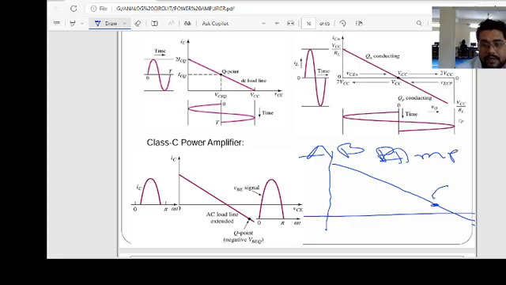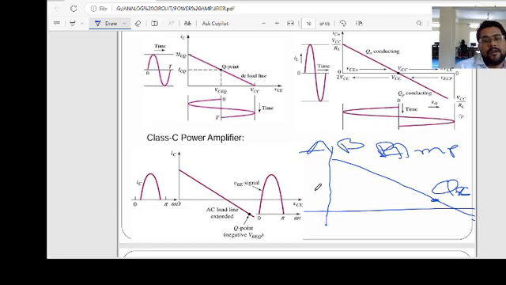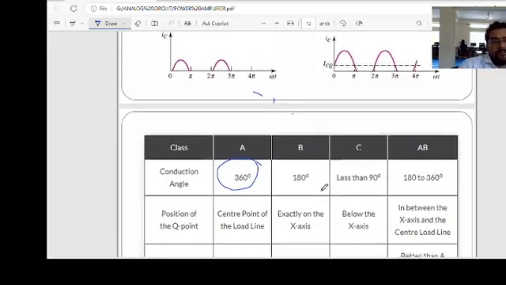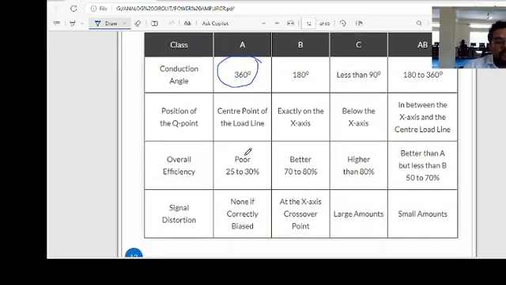So the Q point is approximated up to here. Then overall efficiency: class A is poor, the efficiency is very low, up to 25 to 30%.